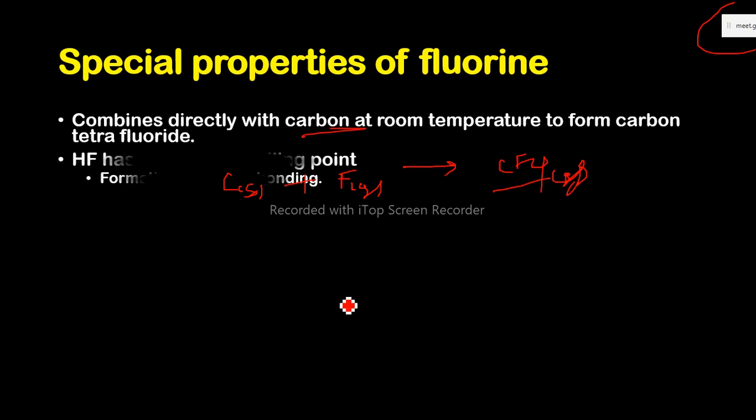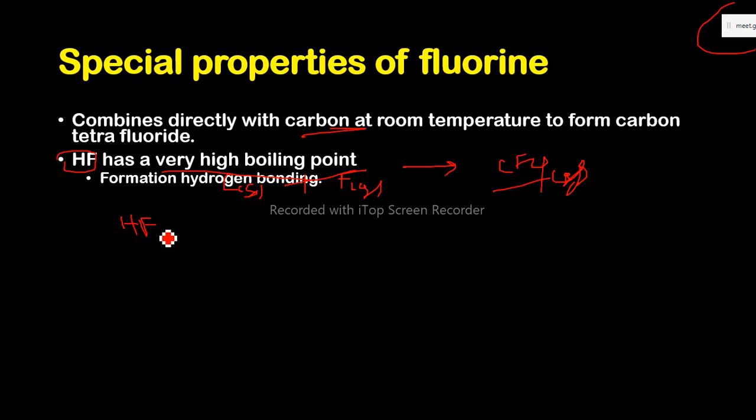Number two, fluorine has a high boiling point. Very high boiling point. Not fluorine but hydrogen fluoride. Like I told you, if you compare the hydrides of group 7 elements, we shall study them, you find the boiling point of hydrogen fluoride kind of here.